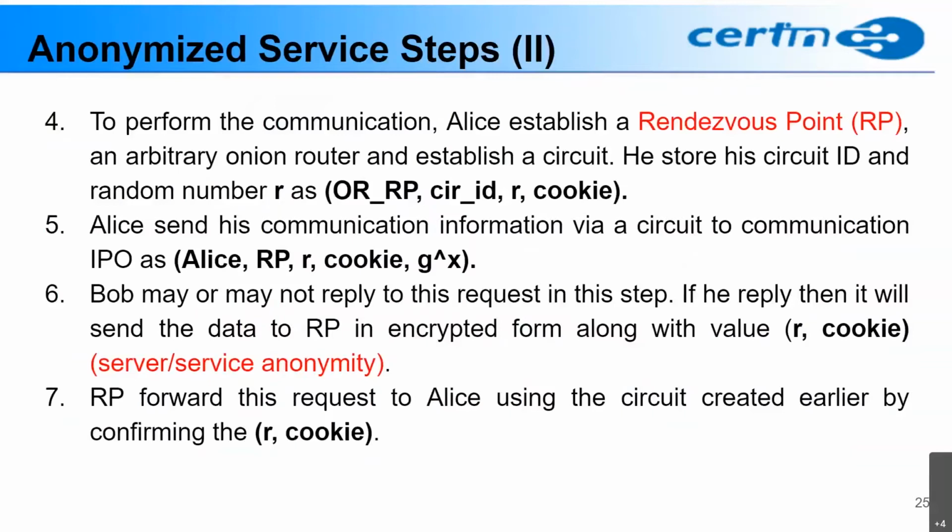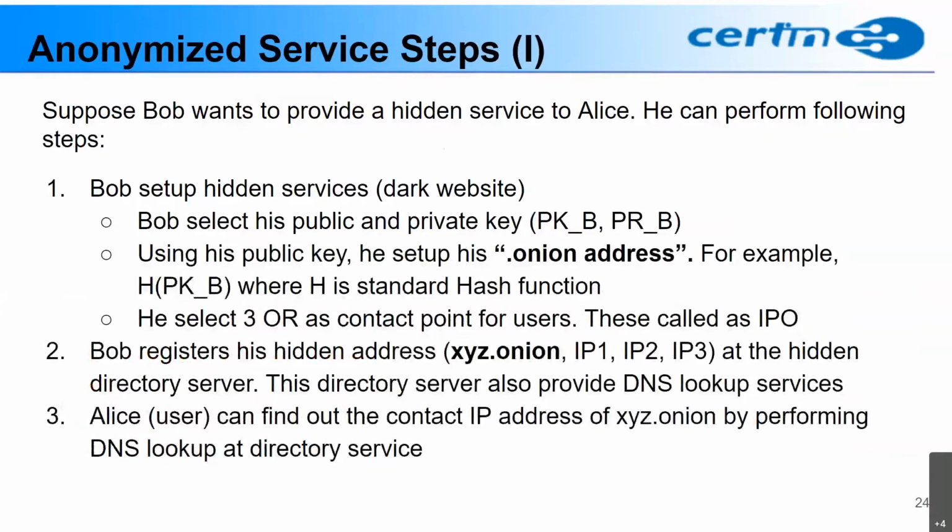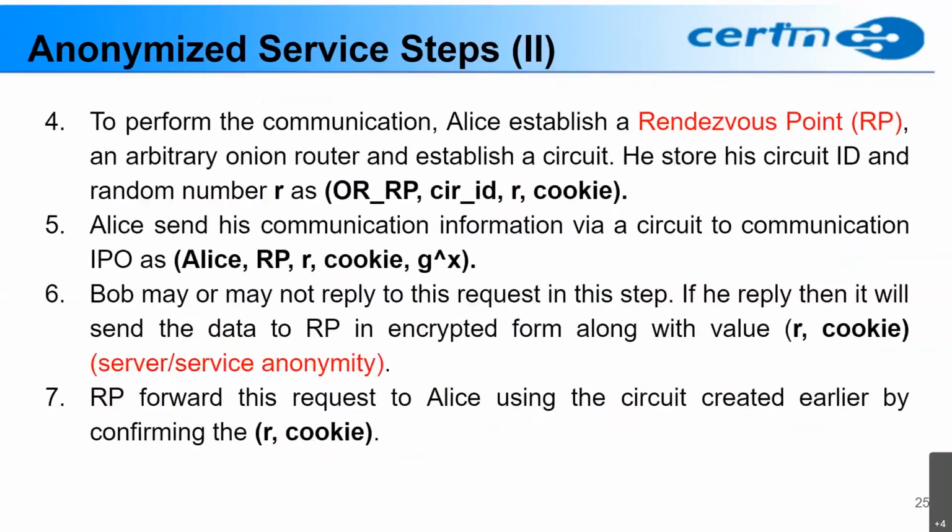Now, after obtaining the list of IPs, the Tor browser or the sender can select any IP from the list of IP1, IP2, and IP3, using which he will perform the communication. In the next step, this sender will select a rendezvous point, called the RP.